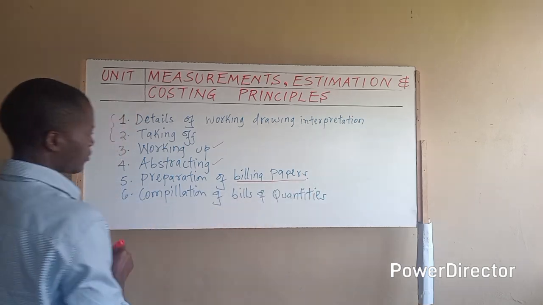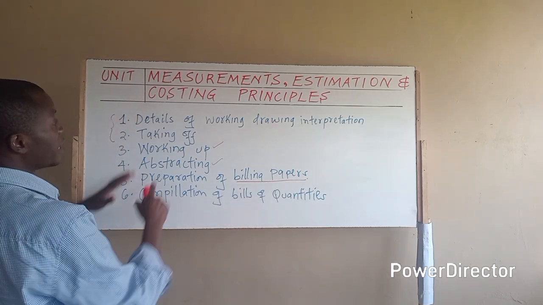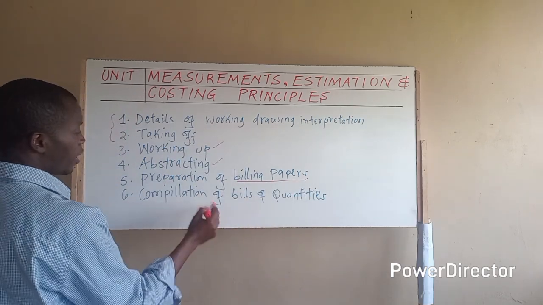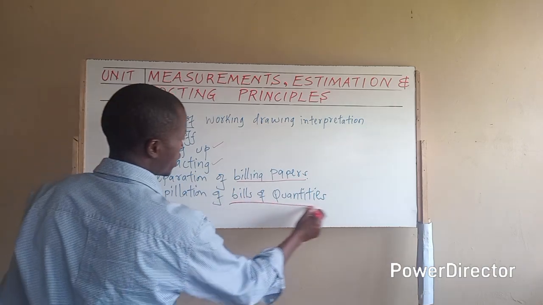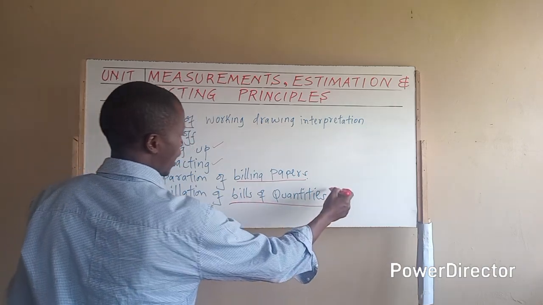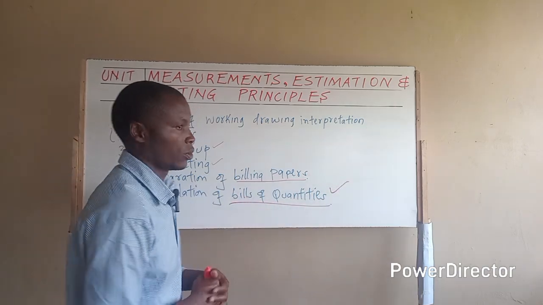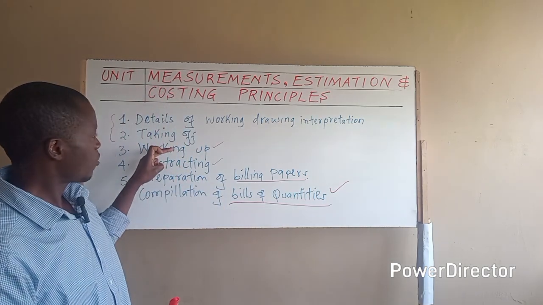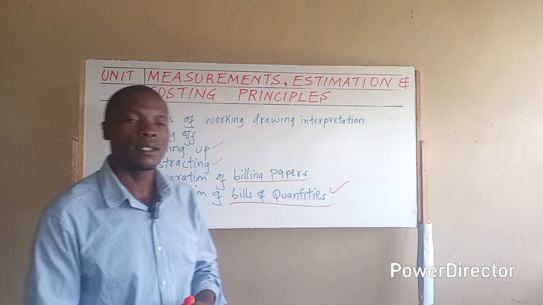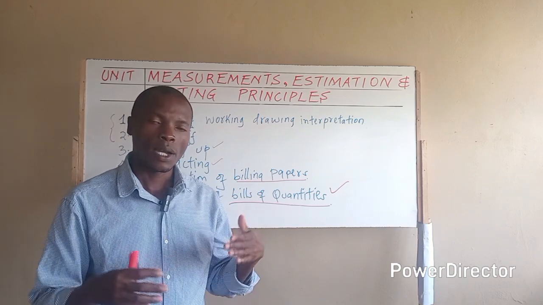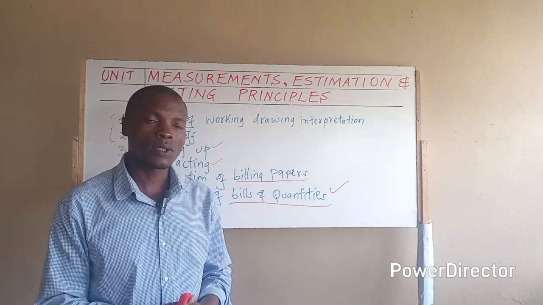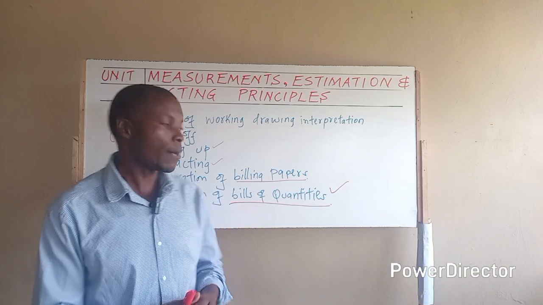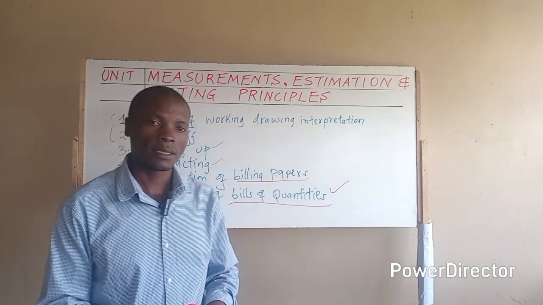And then we are going to complete everything now by compilation of bills of quantity. So this is the climax of our session. So please subscribe for this working up to this last one, so that you get well acquainted with full knowledge of how to take off quantities up to the billing of quantities.